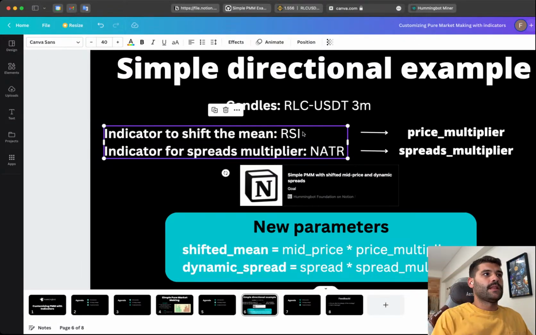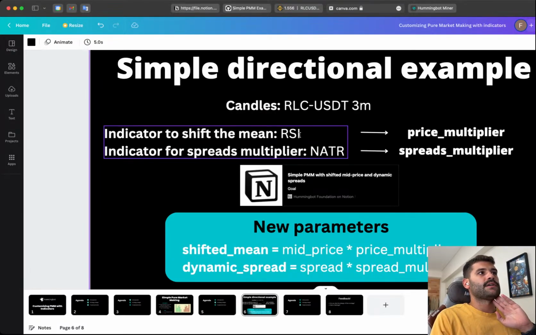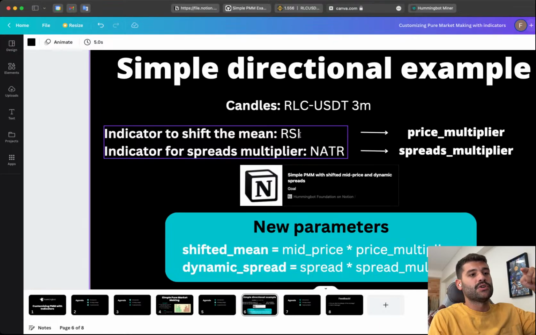Let me connect. Well, we can see it here, but if the RSI is high, then the new shifted mean will be lower than the current mean. We're going to shift the mean down, and the sell will be much closer to the mid price. So we are going to move the price.